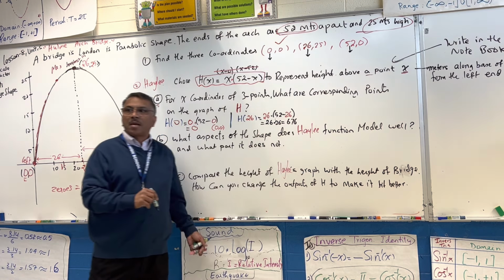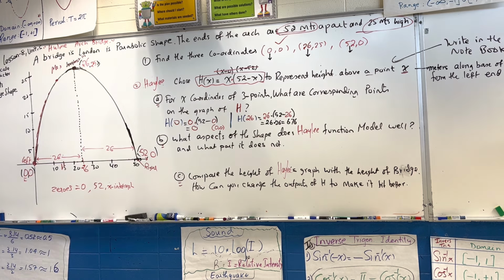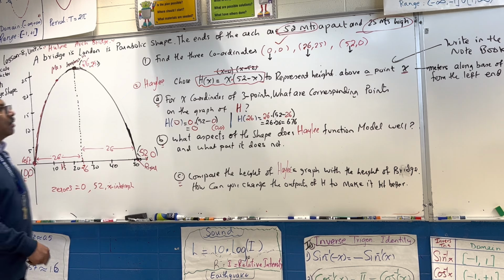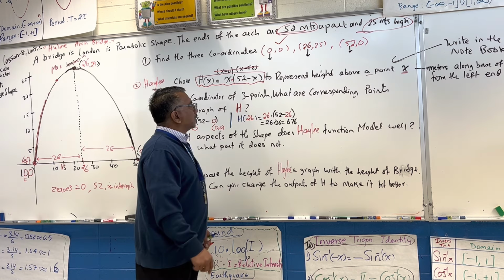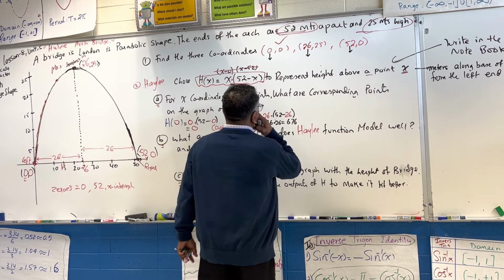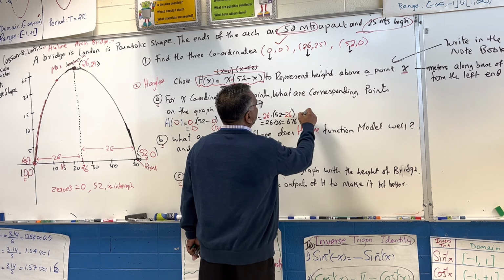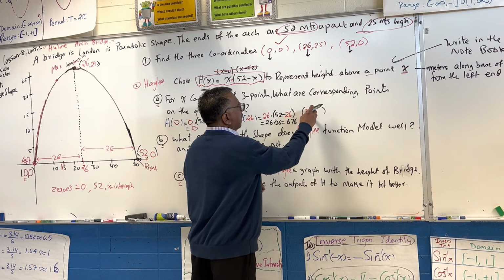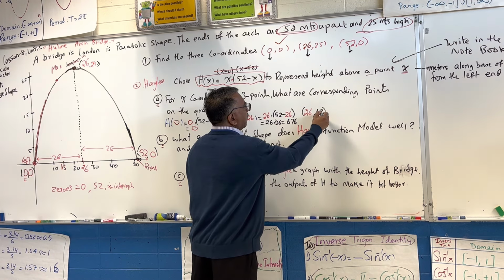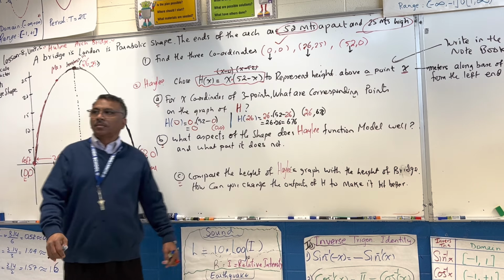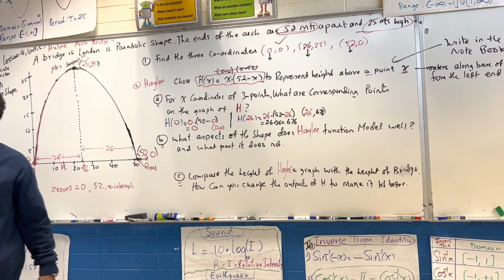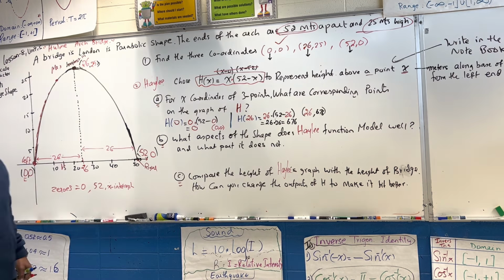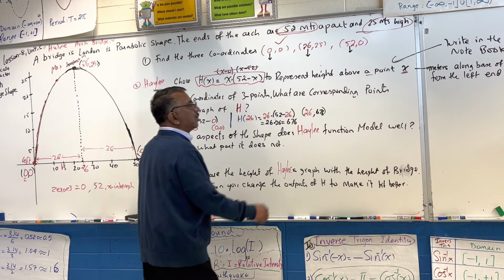You can check it out. I can make a mistake. I want to make sure you get the right one. But the point is, when you started with the x coordinate 26, we ended up with 676. But does this point match the actual point on the bridge?